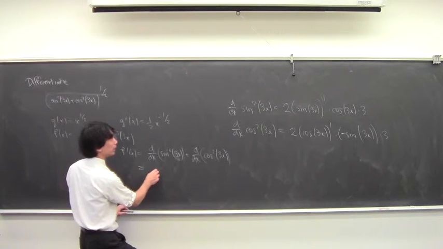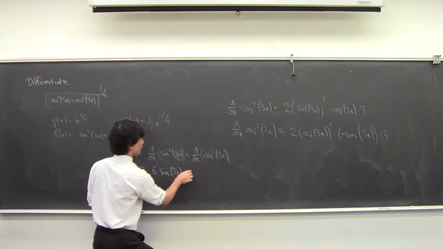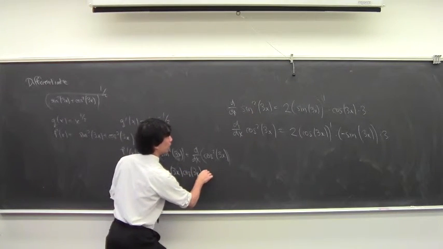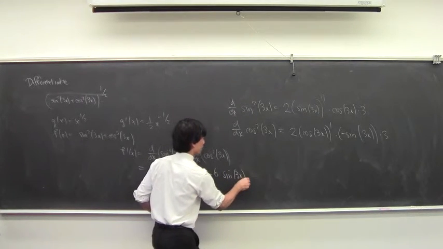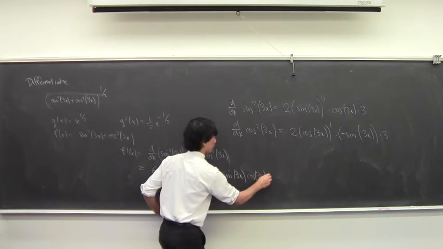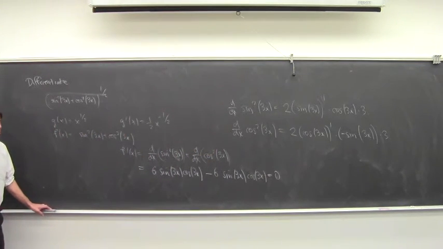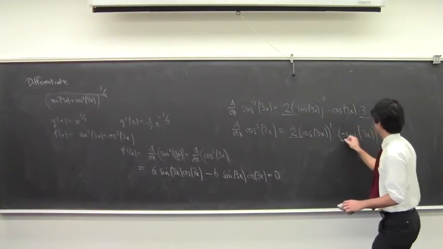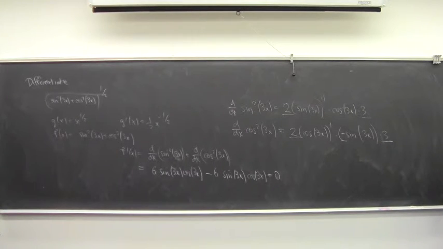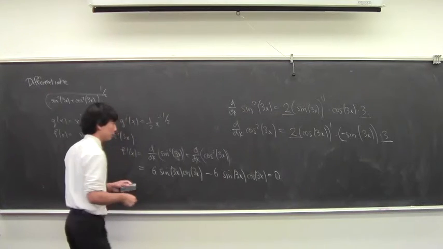So what that works out to be is 6 sine 3x cosine 3x minus 6 sine 3x cosine 3x, which is 0. So you get 0.